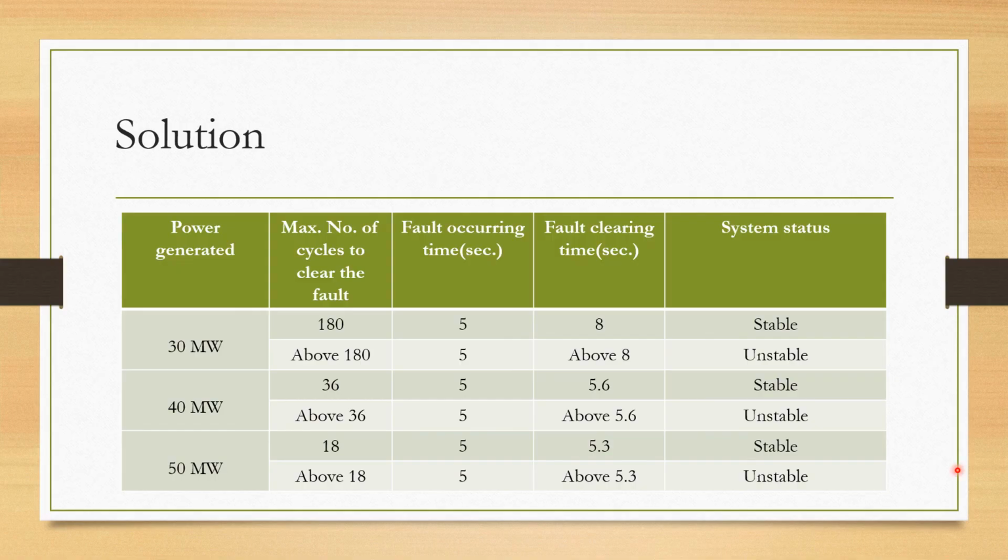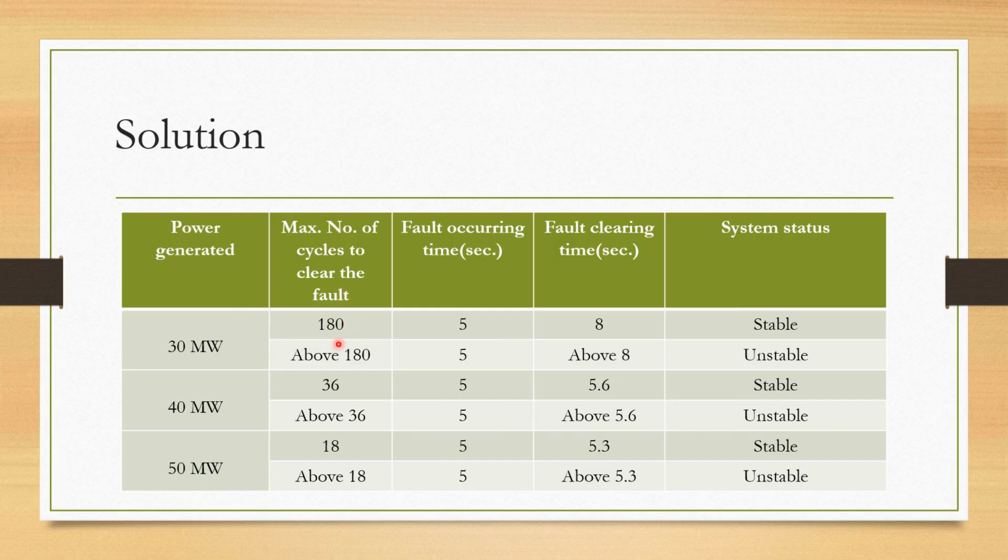This table shows the solution of the above problem. The power generated: column 1 indicates the power generated by our generator, 30 megawatt, 40 megawatt, 50 megawatt. The second column indicates the maximum number of cycles to clear the fault.